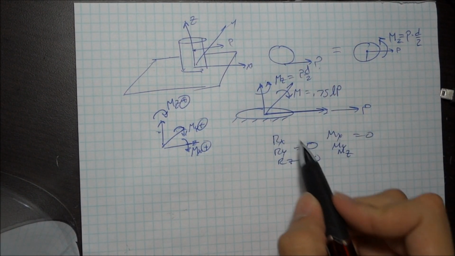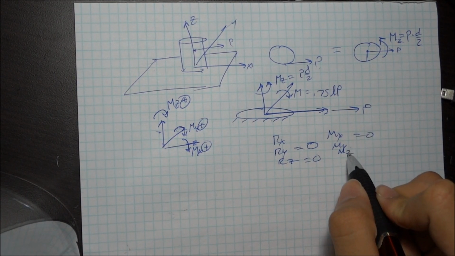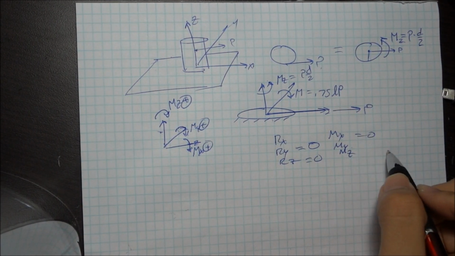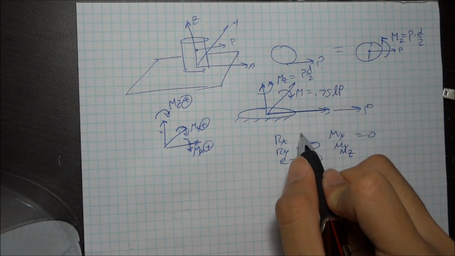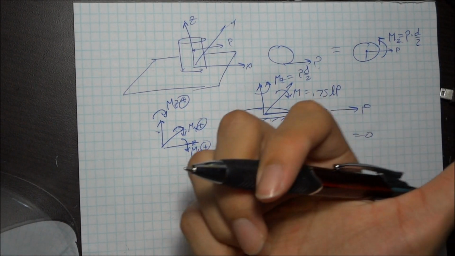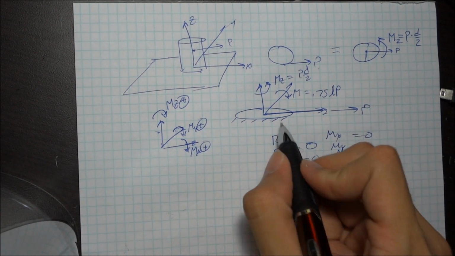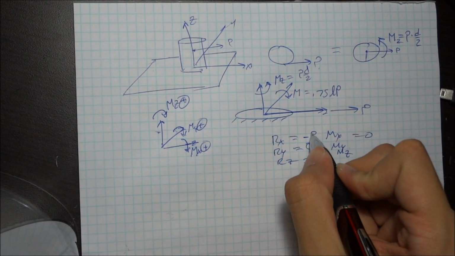Now remember that your reactions always act opposite to your forces. So to keep this thing from sliding this way due to this force P, you need to have a reaction that's negative P.